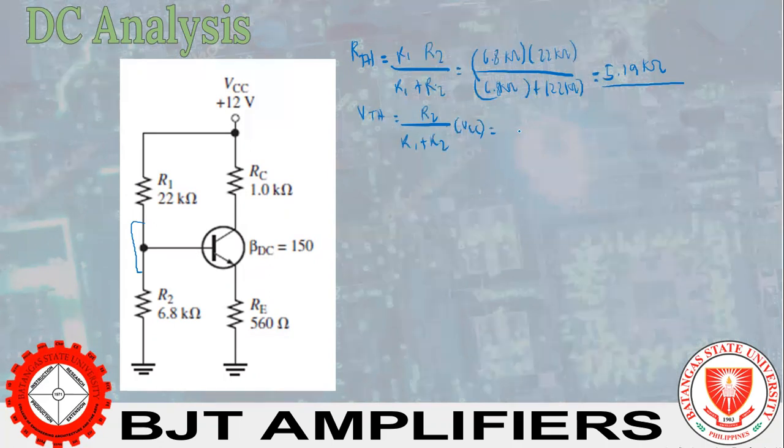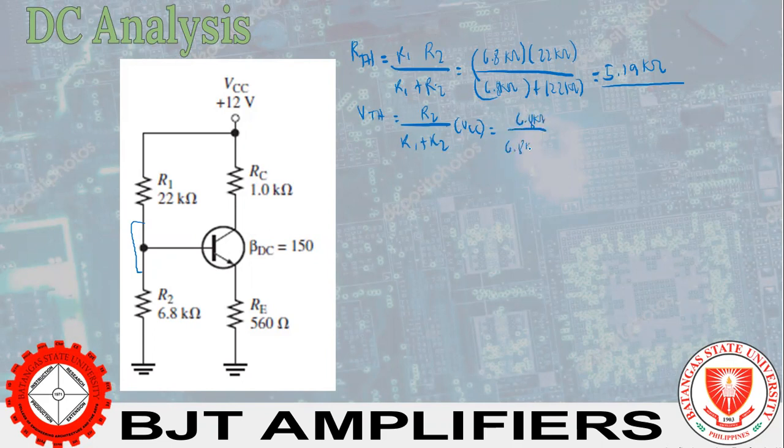Okay, so we have here 6.8 kilo ohms over 6.8 kilo ohms plus 22 kilo ohms times natin kay 12 volts. So makakakuha tayo dito ng 2.83 volts. Okay?